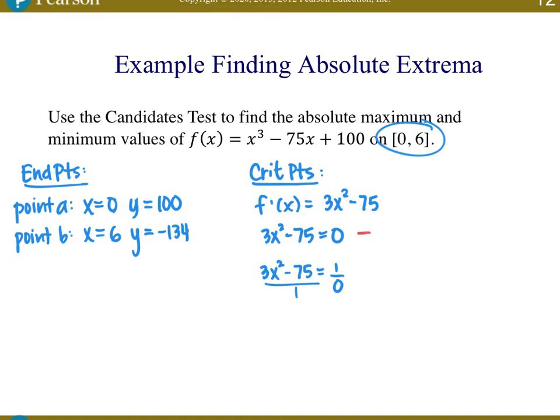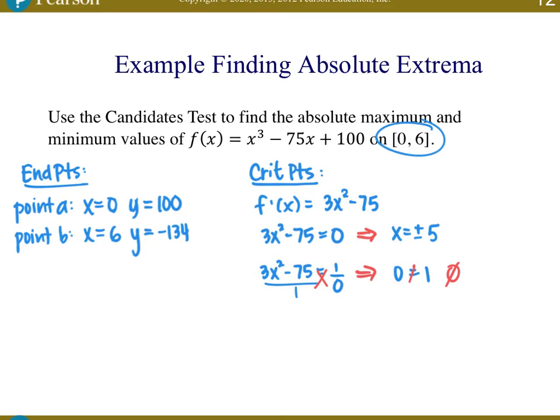So 3x squared minus 75 equals 0, and 3x squared minus 75 equals 1 over 0. And I'll put a 1 under it so I can cross multiply. When I solve this and get x by itself, I get x equals plus and minus 5. When I solve this one by cross multiplying, I get 0 equals 1, which is not true. 0 doesn't equal 1, so there's no solution for that one.